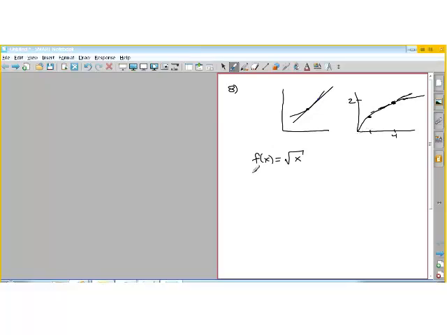So part A says graph f and the secant lines passing through the point. Okay, so the 3 lines are going to be, here's one point, there's the other point. So that's the secant line using point 4, 2 and 1, 1.